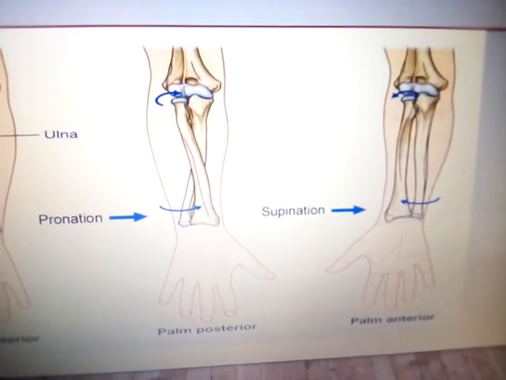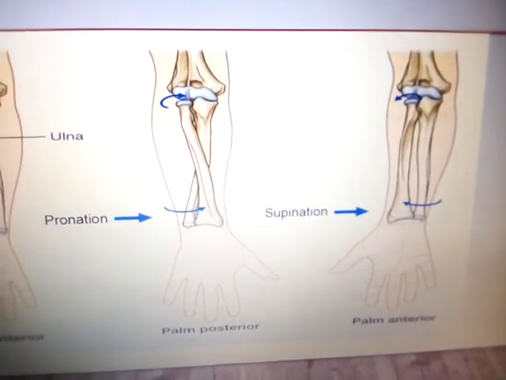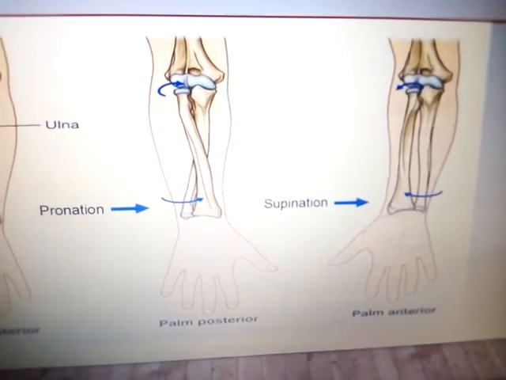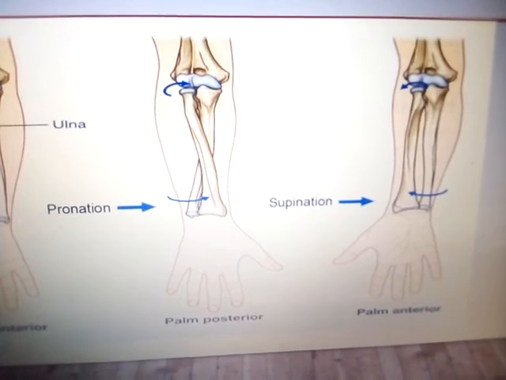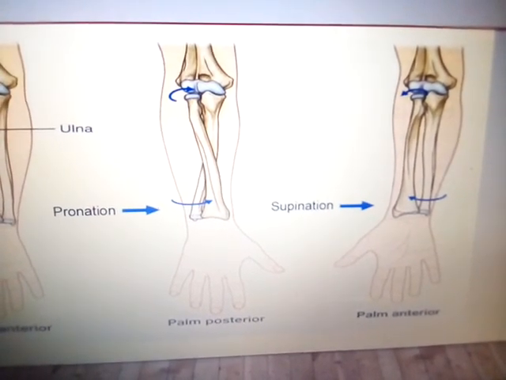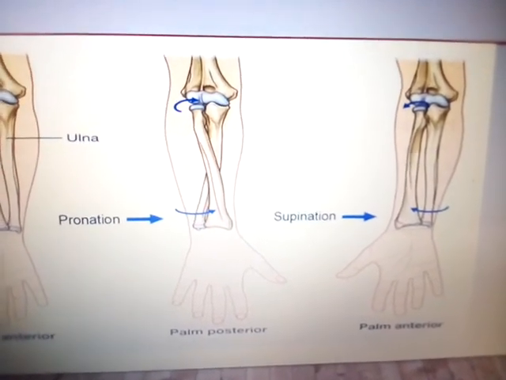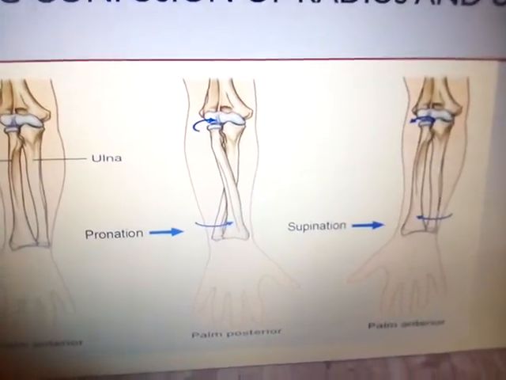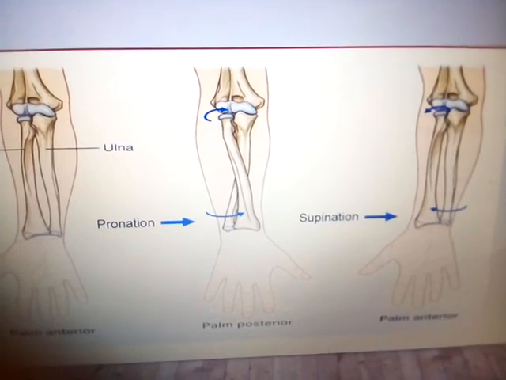Often students get confused among these four terms: supine, supination, prone and pronation. Supine is in no way related to supination, and prone is in no way related to pronation. These are different things that I'm going to discuss in further videos.